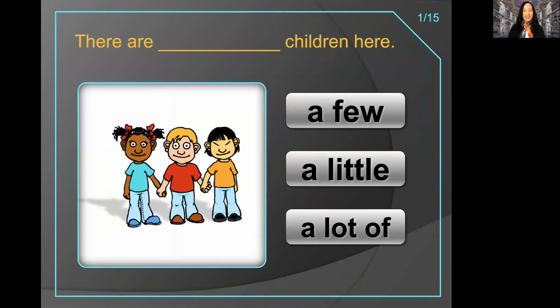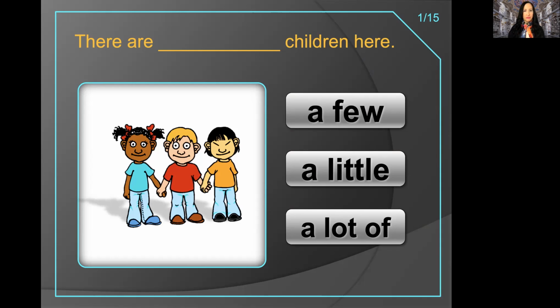Okay. All right. There are blank children here. So hint, look at the picture. So we see 3 children. So would we say there are a few children here? There are a little children here, or there are a lot of children here?